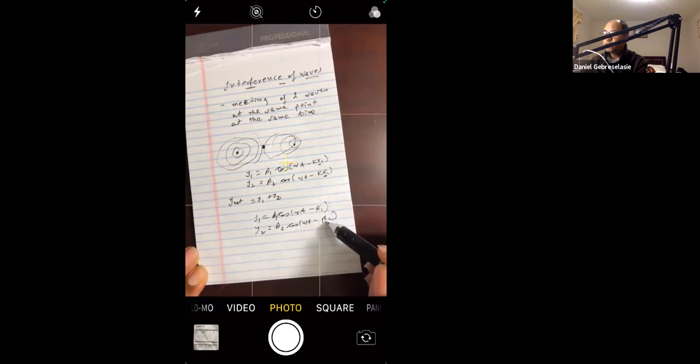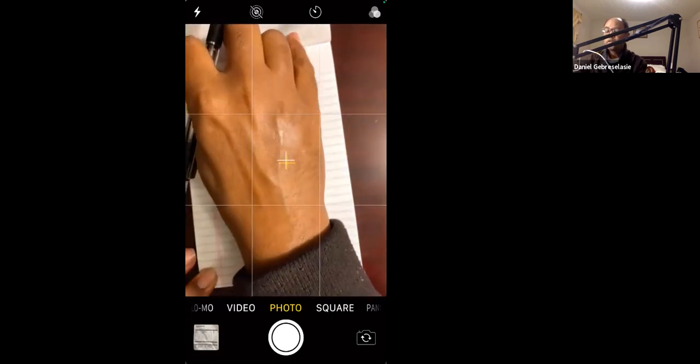The difference between the two phases determines how the two waves are added together. So I want to look at these two phase angles before we start. I want to see the origins of the phase angle. So let's look at the origins, or sources, of the phase angle.